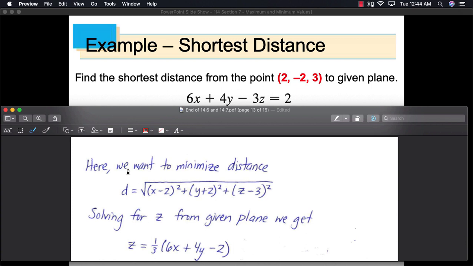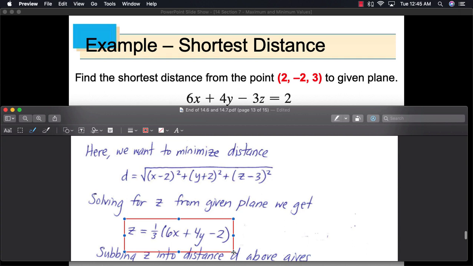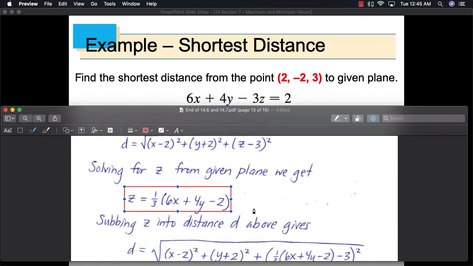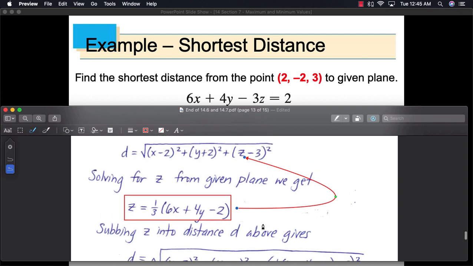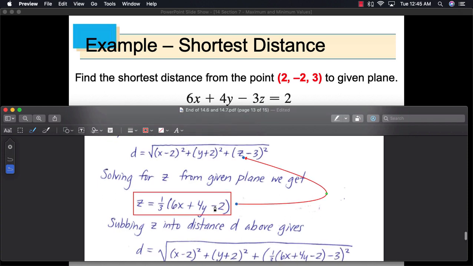Okay. And what I'm going to do with this relationship here is, and I've said it before, I'll say it again many times, I take this relationship here, and we're going to sub it back into the distance formula. So take this relationship, plug it into the distance formula.